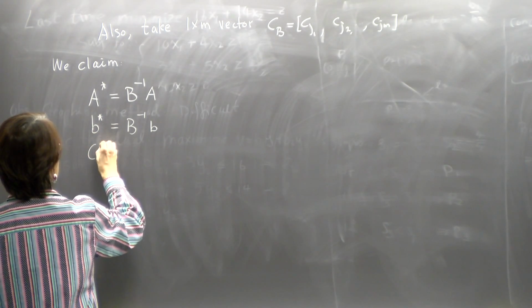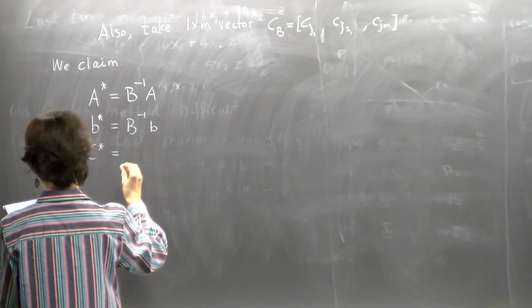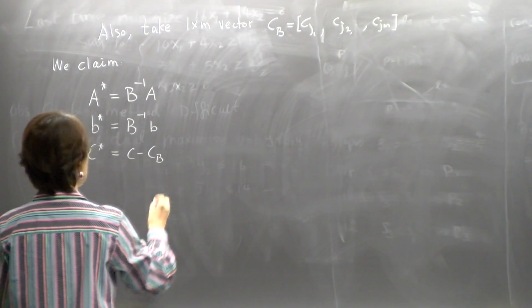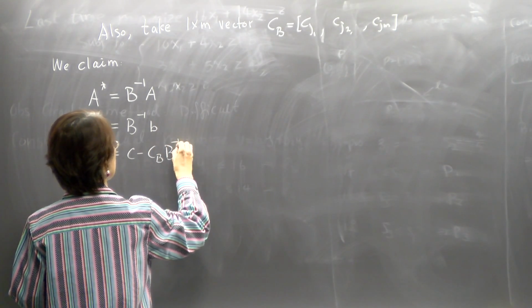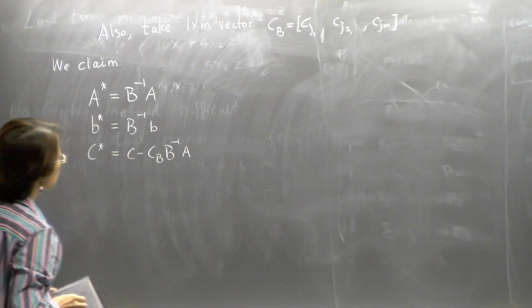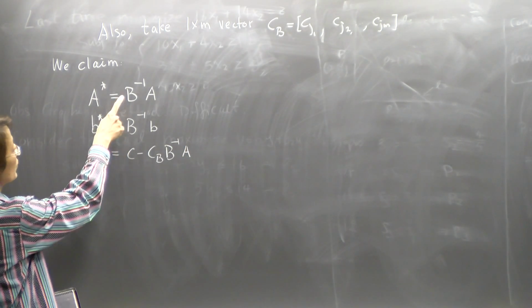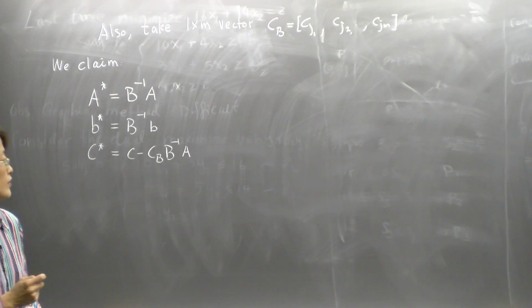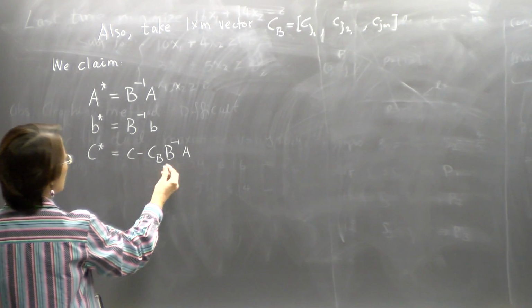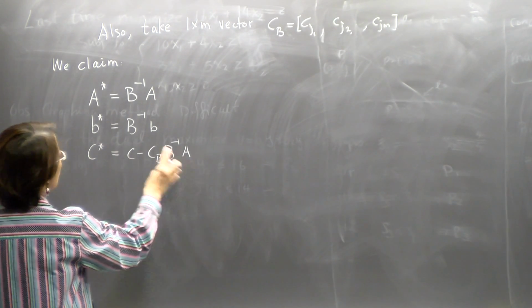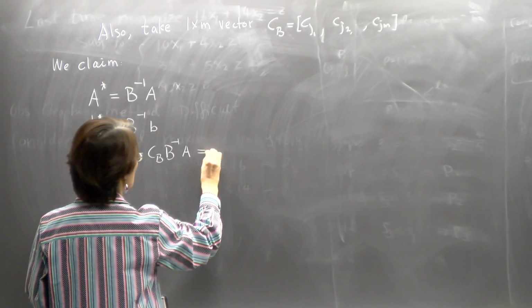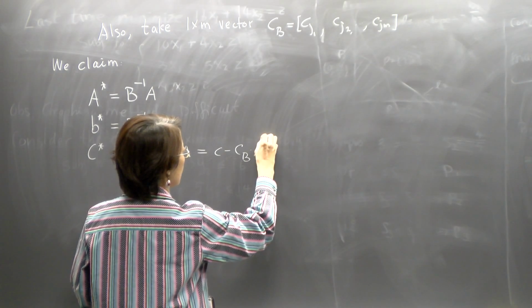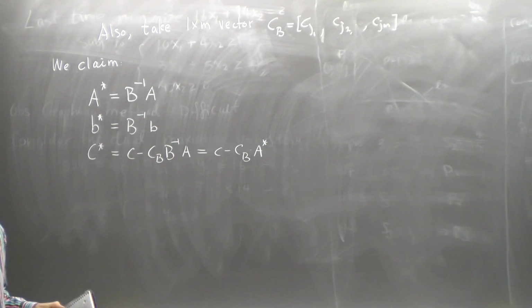And C star equals C minus CB, B inverse A. The B and the CB we just defined. Here we observe B inverse times A is just A star, so this is also C minus CB A star, the same thing.